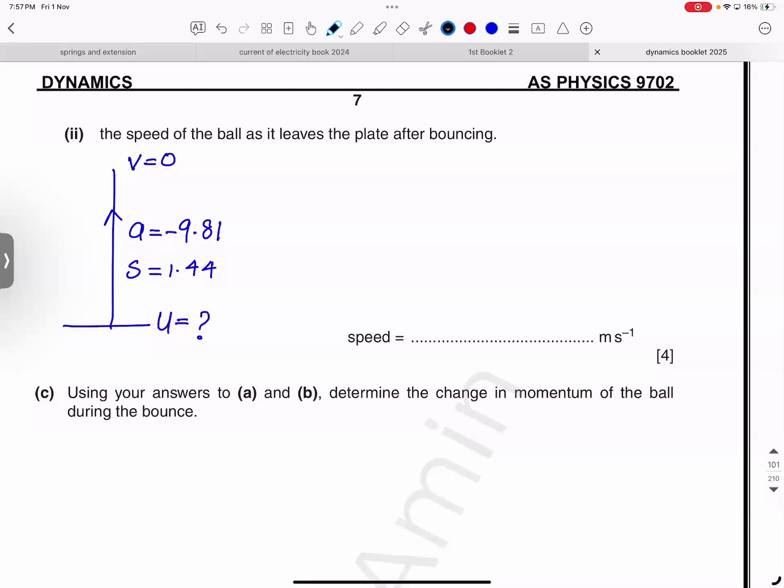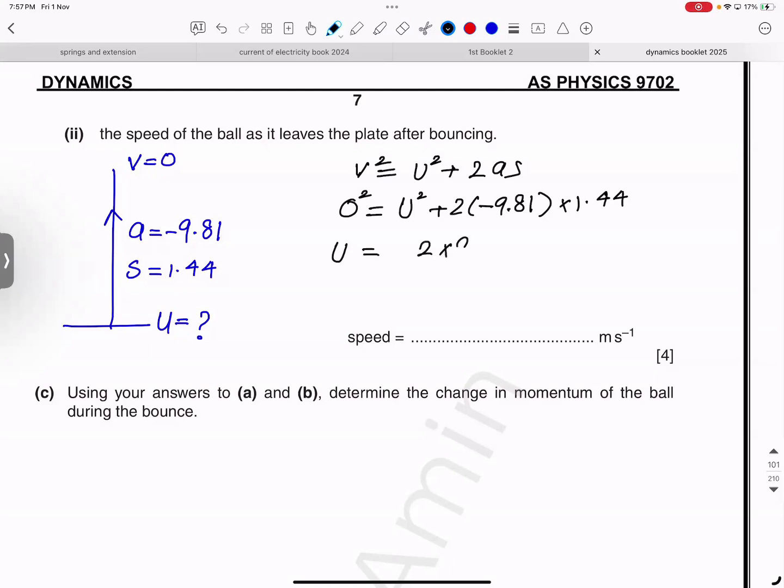Can I use kinematics again? V squared equals U squared plus 2AS. So 0 squared equals U squared plus 2 times negative 9.81 times 1.44. After solving, U is the square root of 2 times 9.81 times 1.44. Which is?